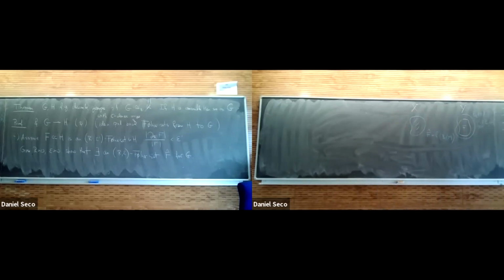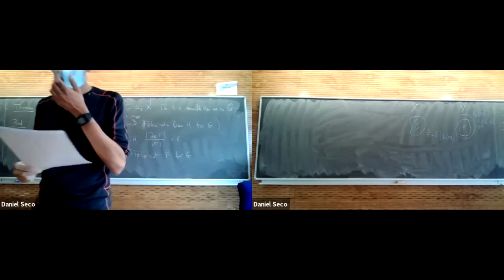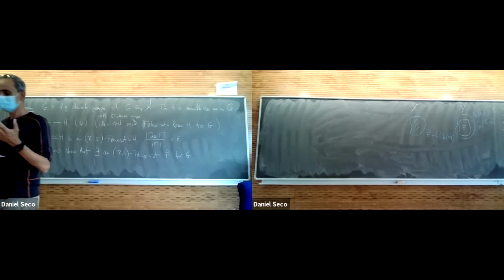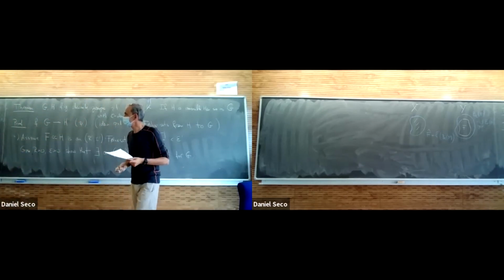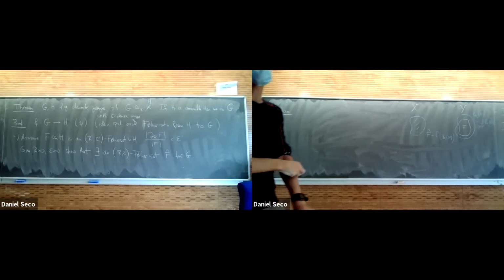And now I'm a bit over time. I don't want to hurry here. That's exactly the nice proof. Maybe let me stop here, write the claim, and start here next week.